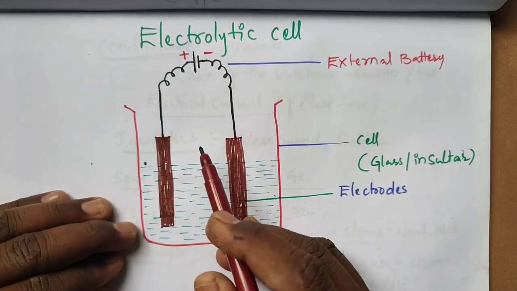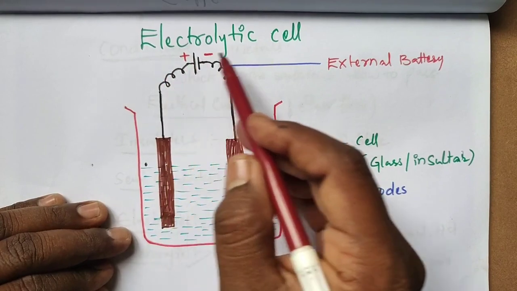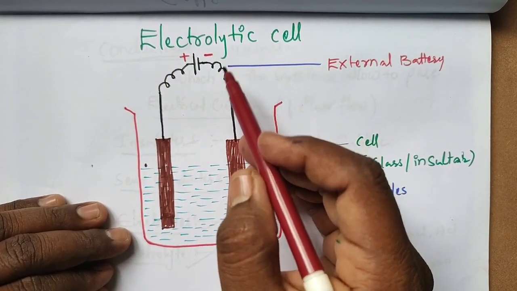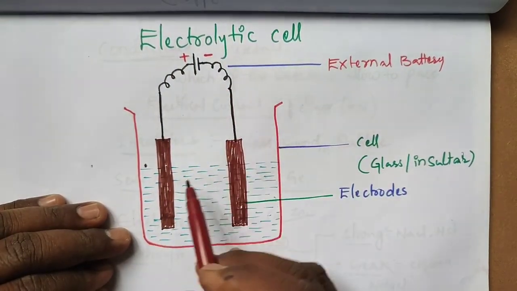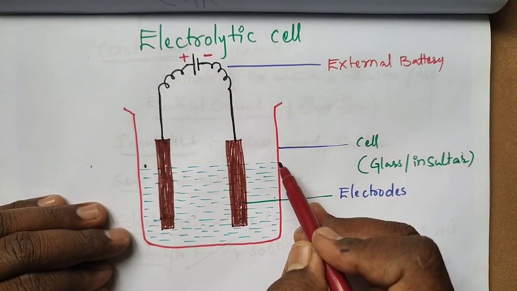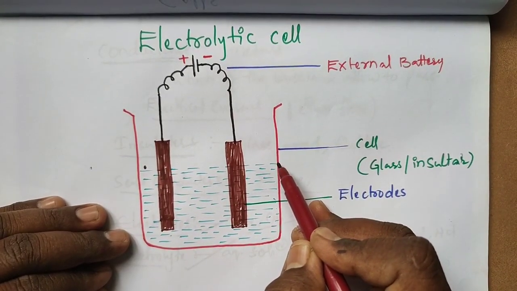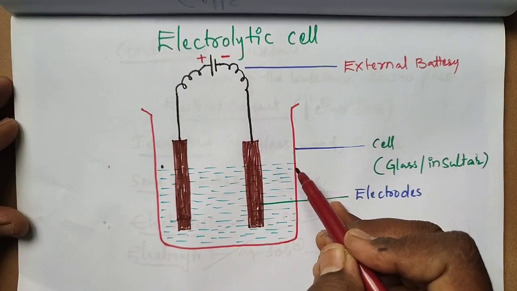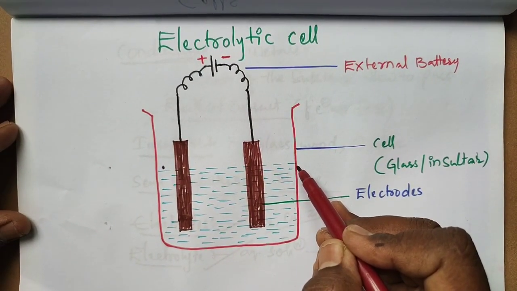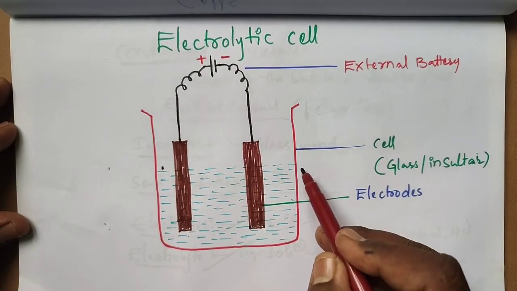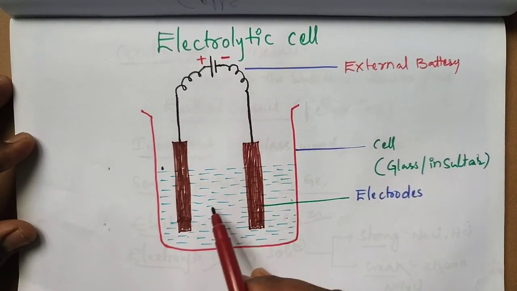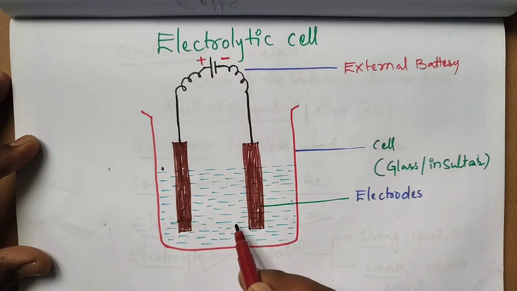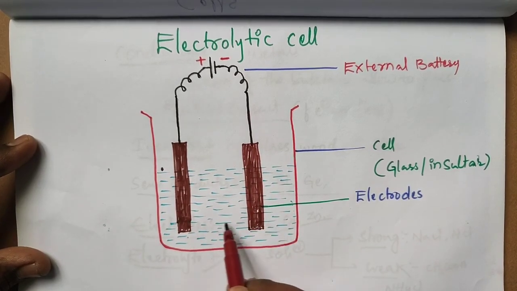Now we are going to discuss the electrolytic cell. This cell is made with glass material or an insulator, and the cell contains electrolyte. The electrolyte is a liquid, an aqueous solution.